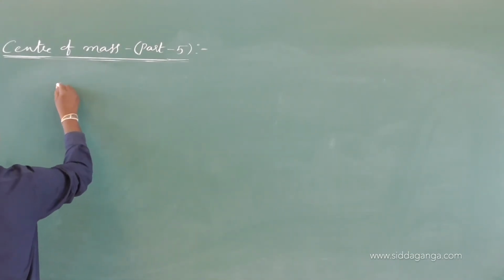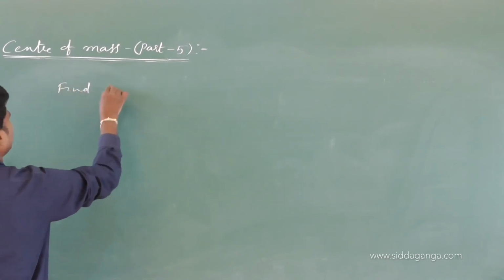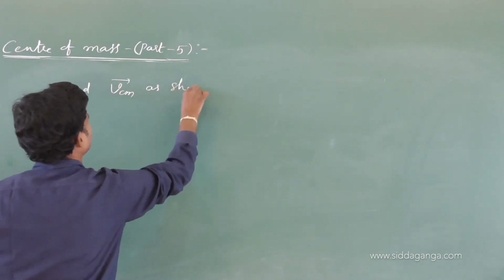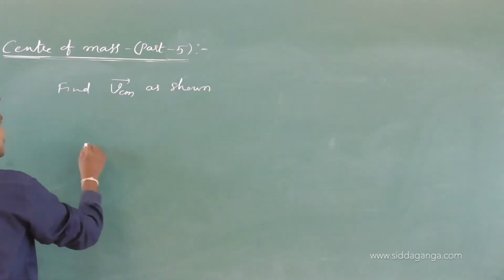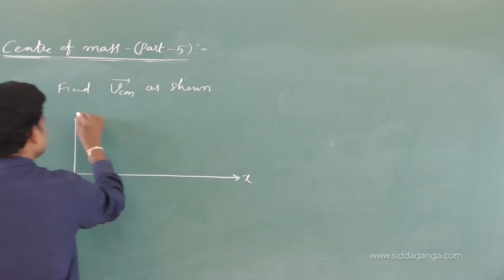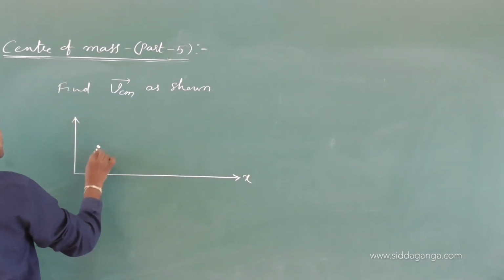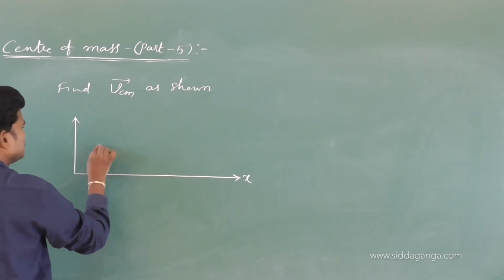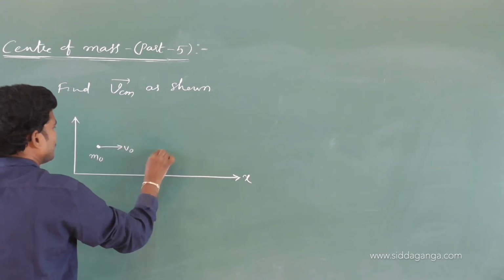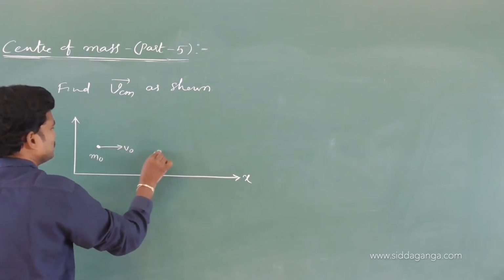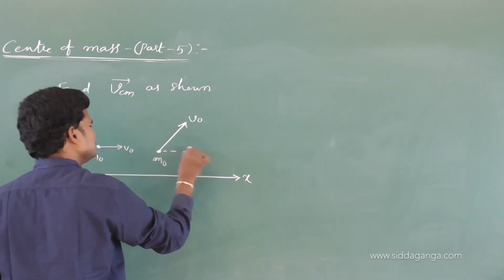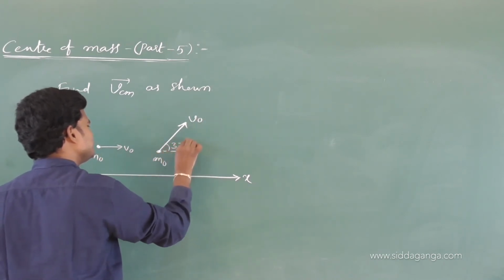So try this problem. Find the velocity of center of mass as shown. This is also an easy level question. A mass m naught moves with a speed v naught, and one more m naught moves with a speed again v naught at an angle of 37 degrees.